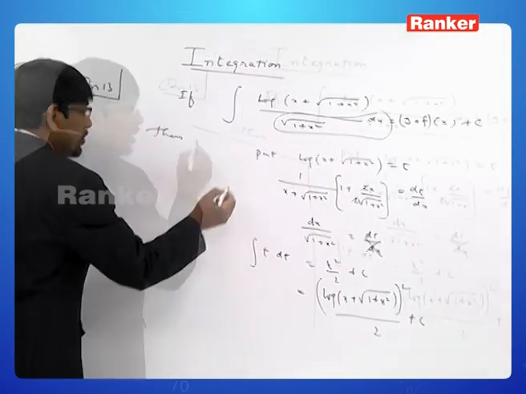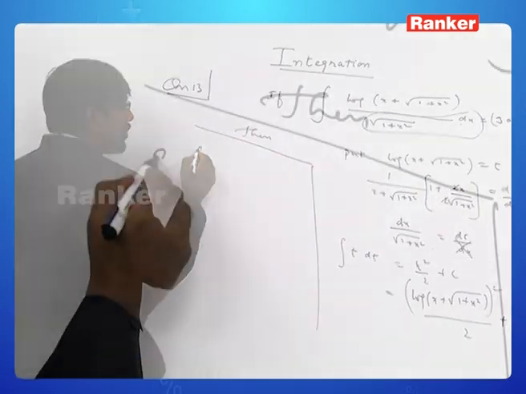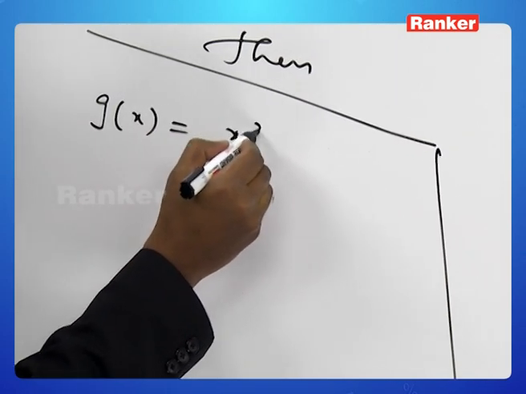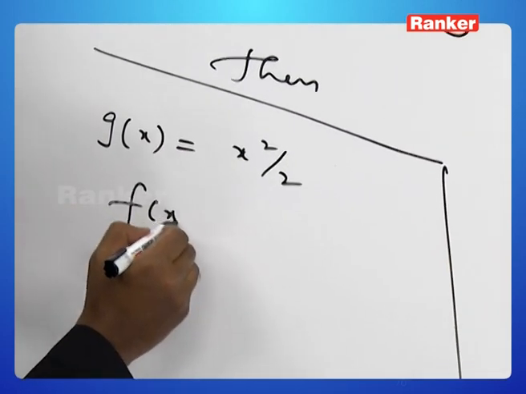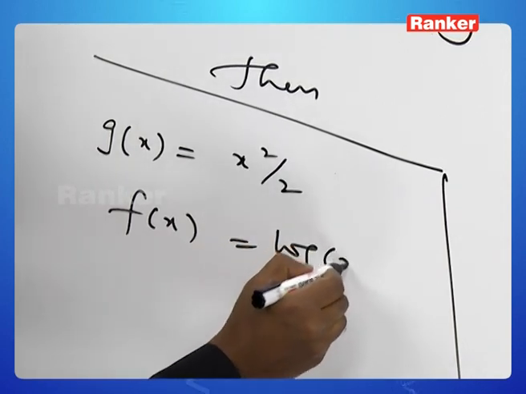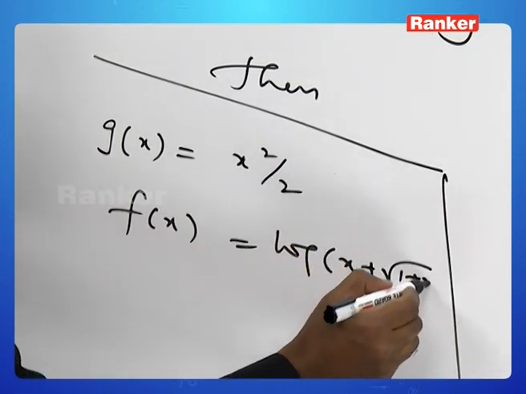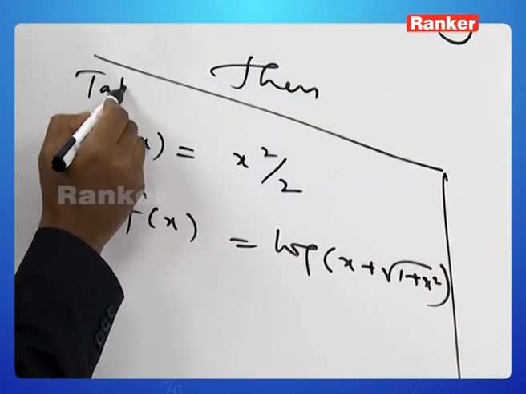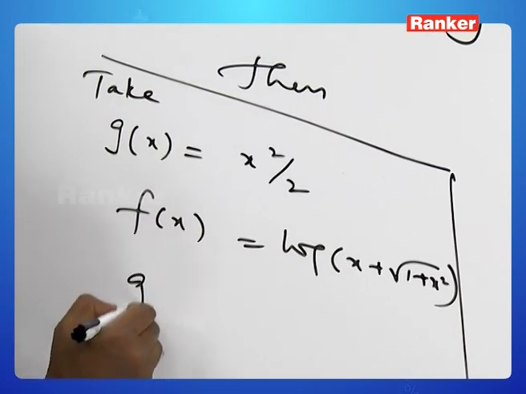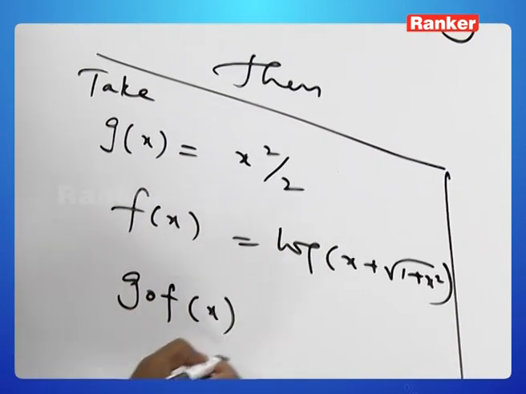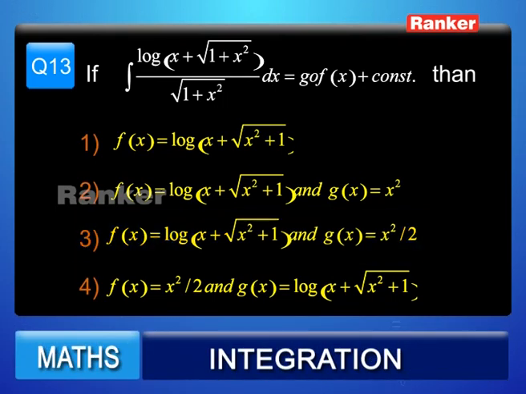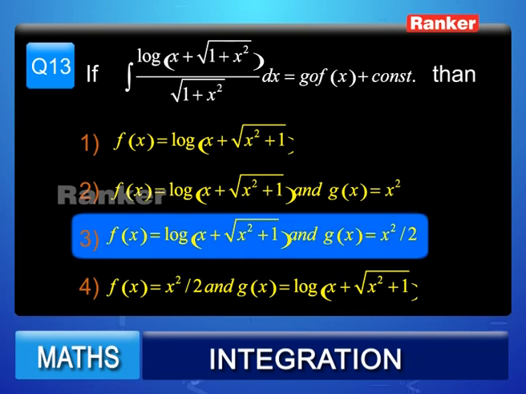So, it is clear that if g of x is x square by 2, and f of x, the inner function, is log of x plus root 1 plus x square, then clearly g circle f of x will be this function. Therefore, the right option is option 3. Answer is third option.